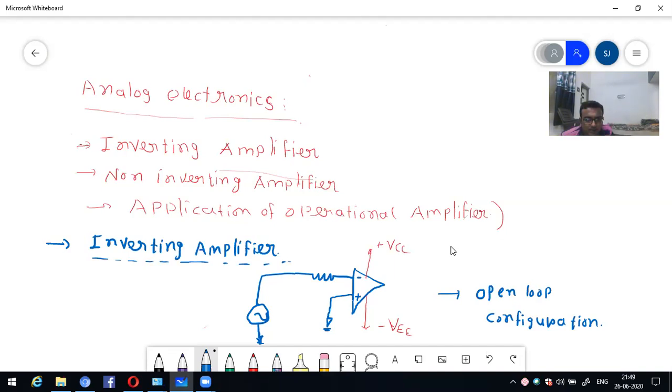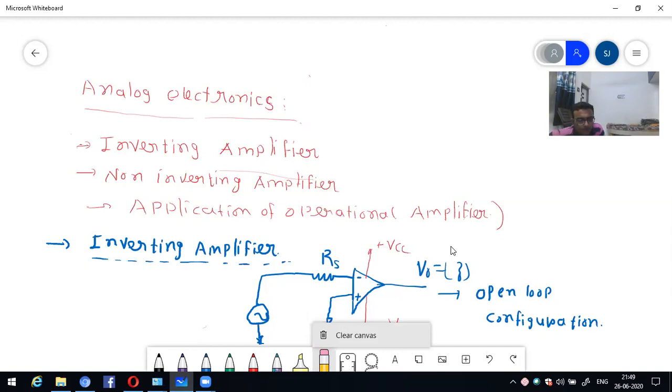Now, what is the output voltage? The non-inverting terminal is connected with ground, that's why it is known as inverting amplifier.